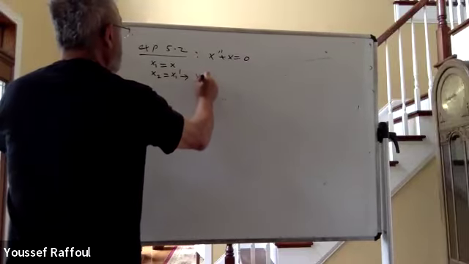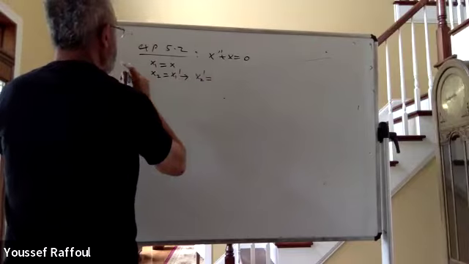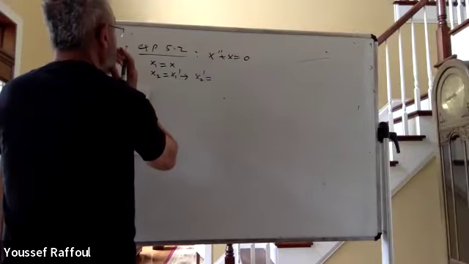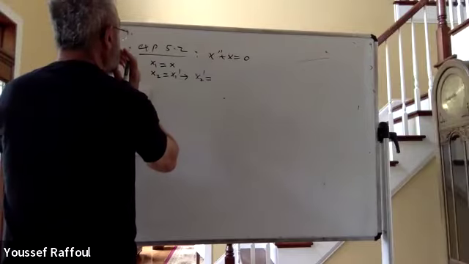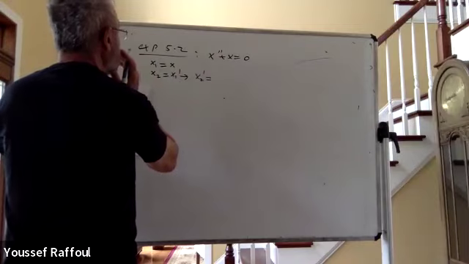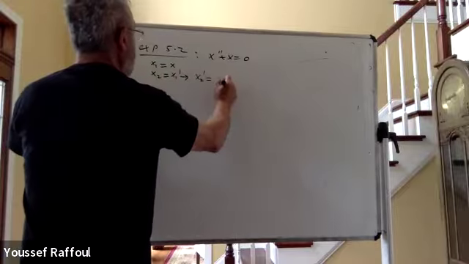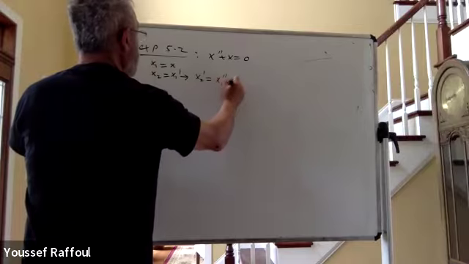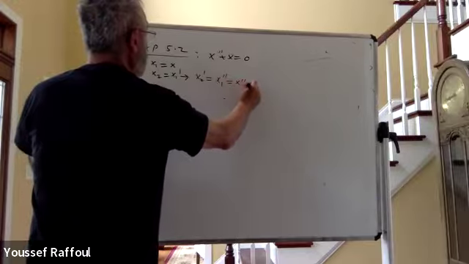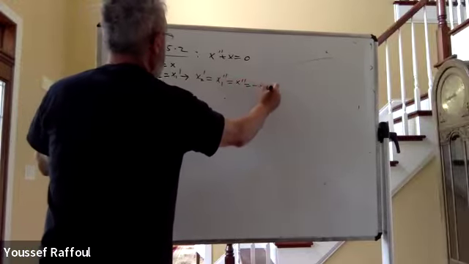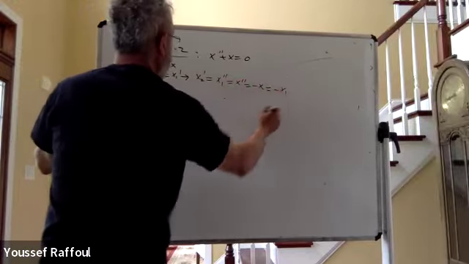Then x2 prime equals x1 second, that is x second, that is minus x, that is minus x1.